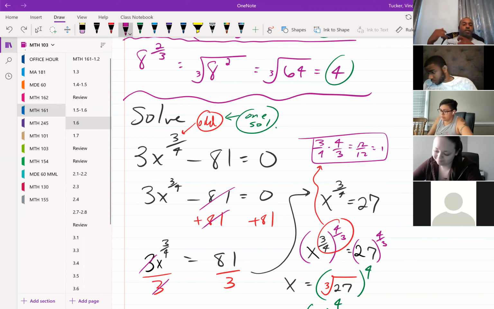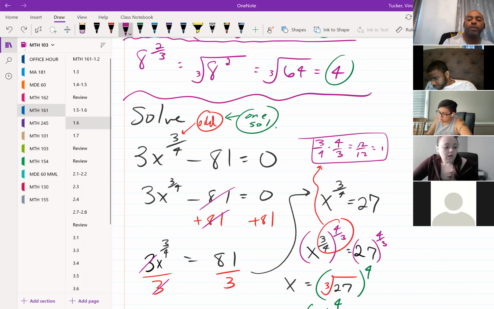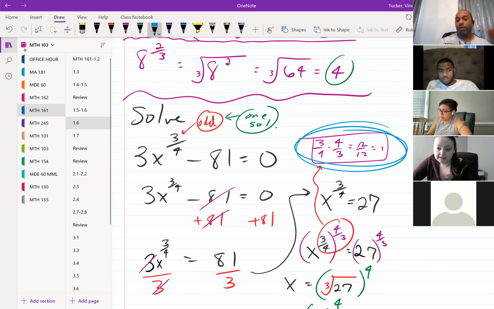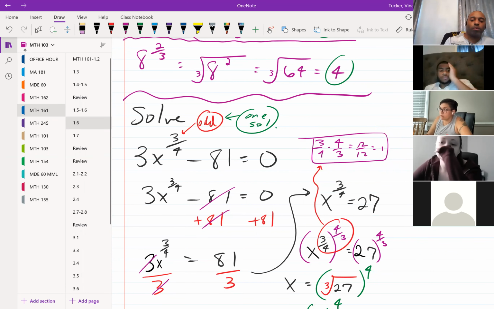So now we're in position to remove the 3/4 off of x. Remember, that's a power, so we need to raise both sides to the reciprocal of 3/4. So we're going to raise both sides to the power of 4/3. The reason is that 3/4 times 4/3 cancels out to give you 1, and that's what we need, x to the first power.